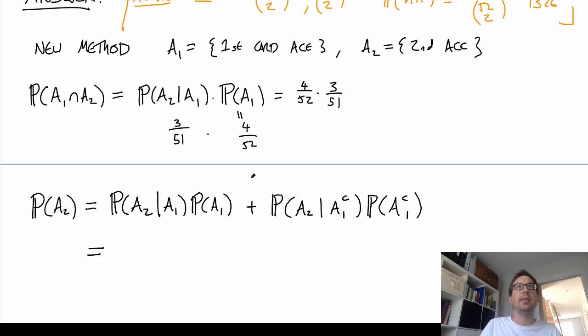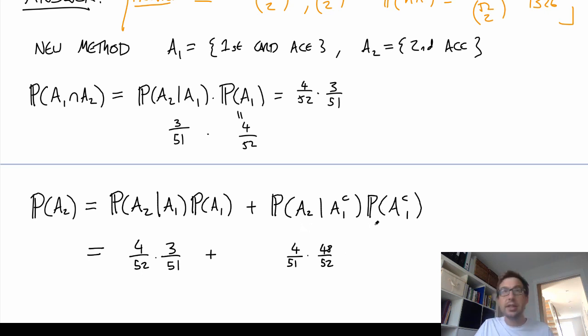So it's 4 divided by 52 times 3 over 51, plus, what's the probability of not getting an ace? Well, there are 48 cards out of 52 where I can not get an ace. And then, what's the probability that the second card is an ace, given the first wasn't? Well, there are 4 aces in the deck and 51 cards currently present after I've taken one out.